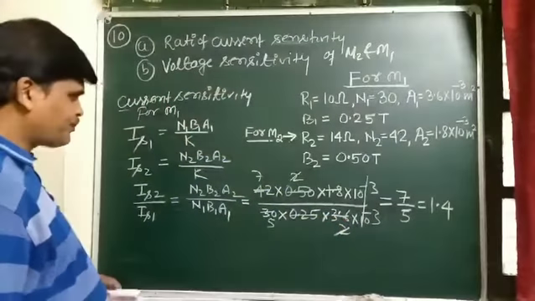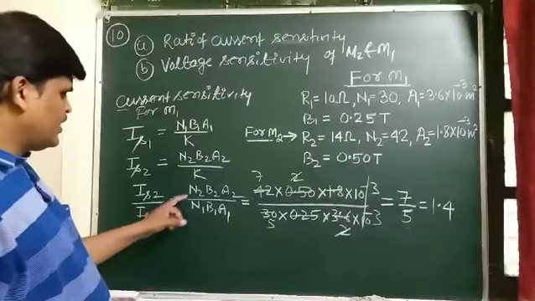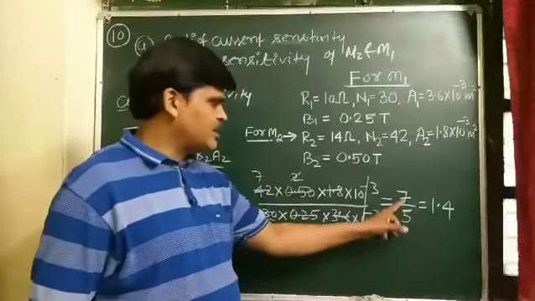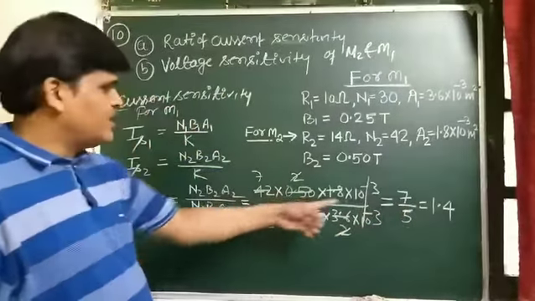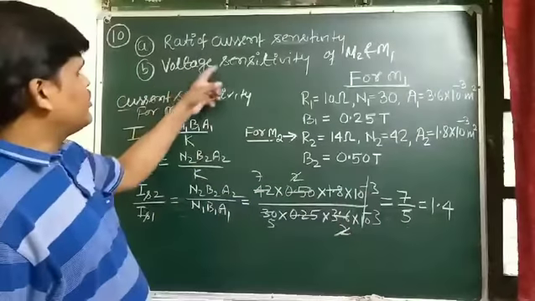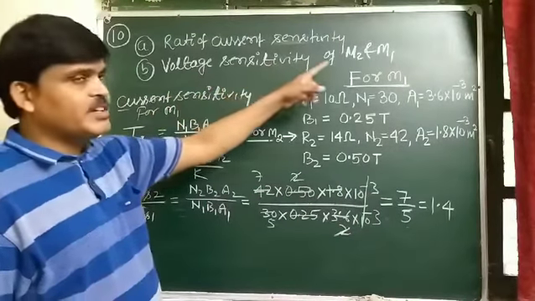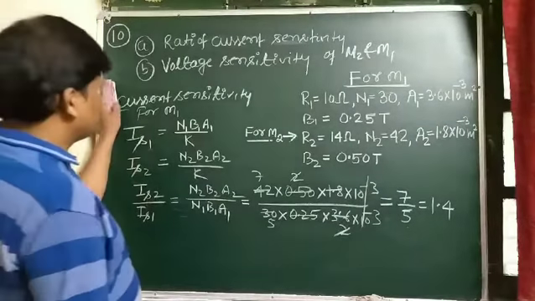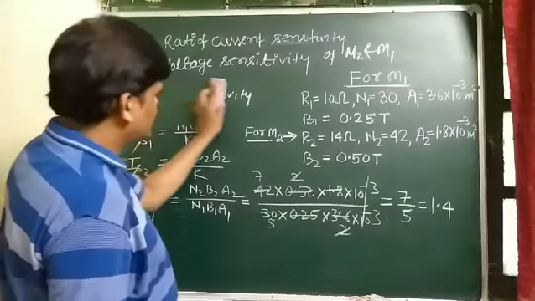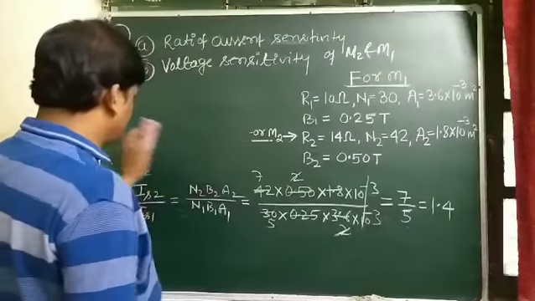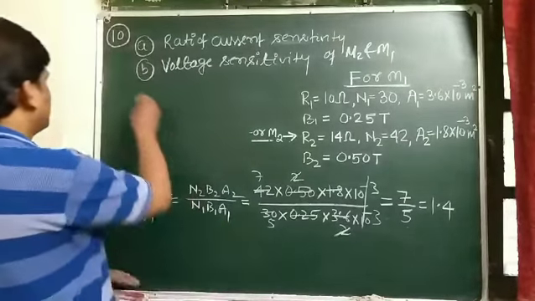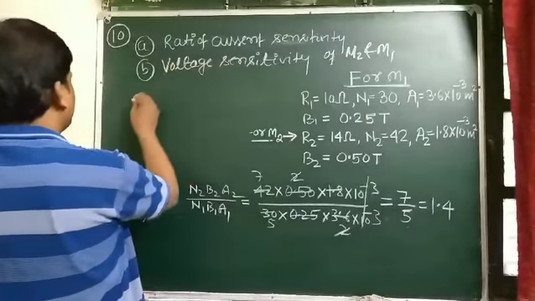And student, you know that N2 B2 A2 by N1 B1 A1 comes out to be 7 by 5. This value I will use in the case of voltage sensitivity of M2 by M1. So next, student, second case. Now I am going to write voltage sensitivity.